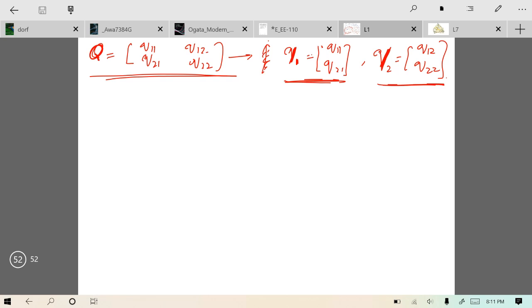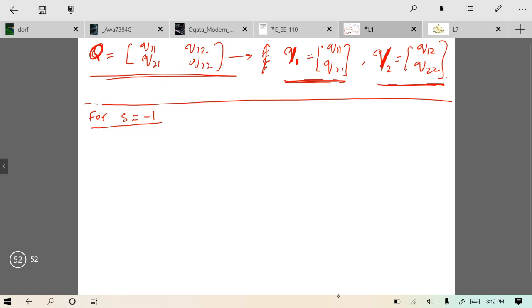Now let's find q1 and q2 with the help of eigenvalues. So there I have two eigenvalues. For the first eigenvalue, which is s equal to -1, let me calculate q1. The process for calculating is (sI minus A) times q1 equal to 0.